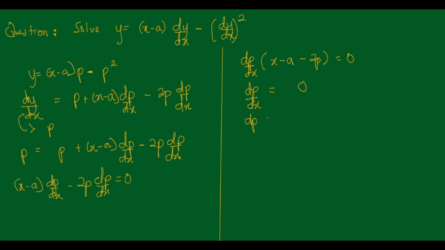So we have dp to be equal to 0 dx, and we can go ahead to integrate both sides. So we have the integral of dp is equal to integral of 0 with respect to x. So on integrating both sides, we now have that p is equal to c, which is a constant.